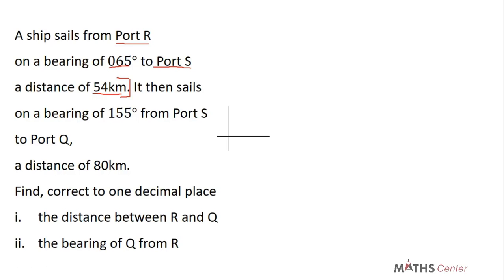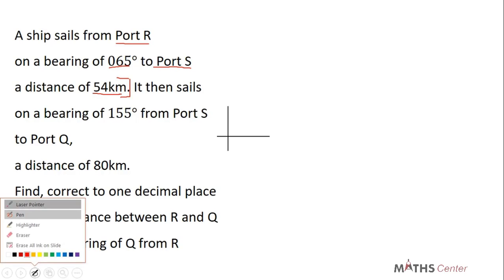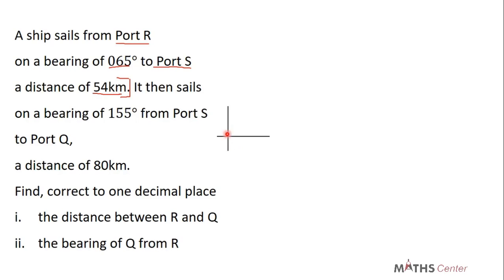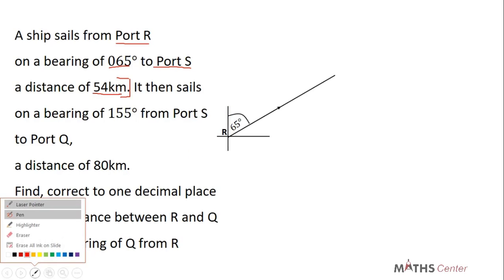Okay, so the ship started from Port R. So we will draw our X and Y plane here, then we indicate here as R or Port R. It started sailing on a bearing of 65 degrees. So we measure 65 degrees from 0. So here's the 0 line. Don't forget that.